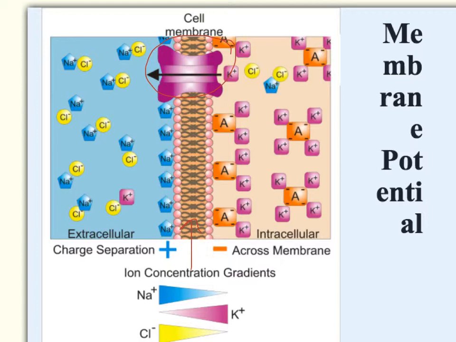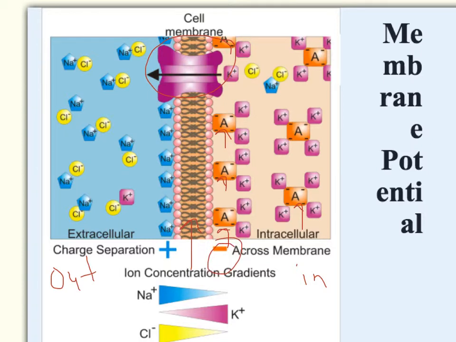Now, if you look at this partition, this is outside of the cell, and this is inside of the cell. You'll see that we have a lot more negative. We have these negative proteins here that create a negative charge on the inside of the membrane.